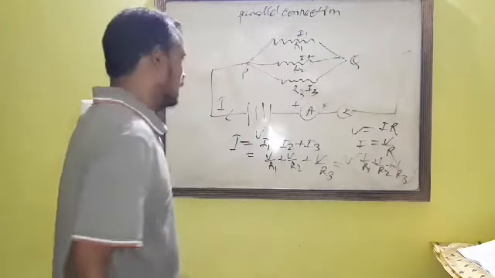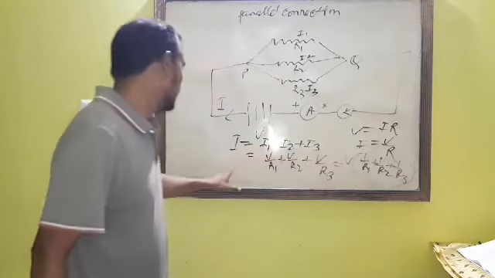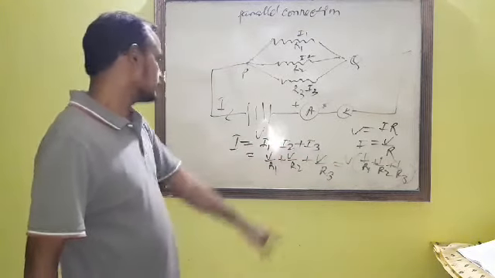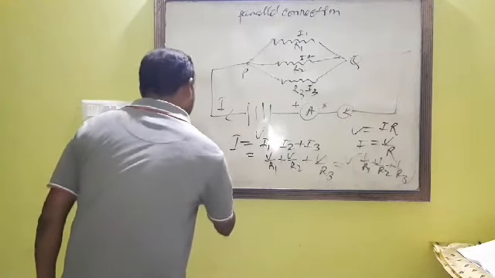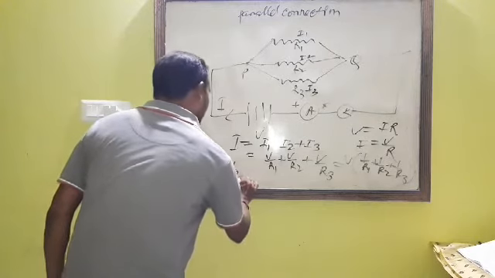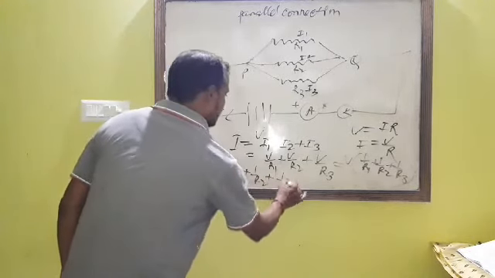On the left-hand side you divide I by V. So I by V equals 1 by R1 plus 1 by R2 plus 1 by R3.